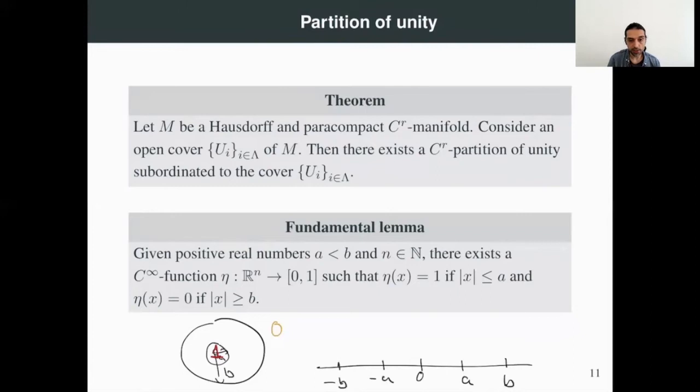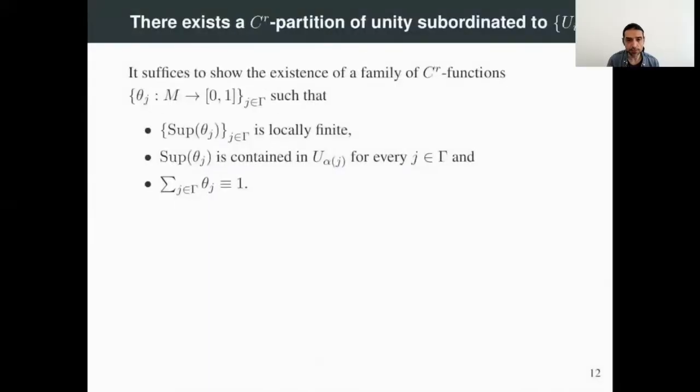The function eta could be a function whose graph is something like this. And it is not difficult to find such a function. So let's assume the fundamental lemma from now on.